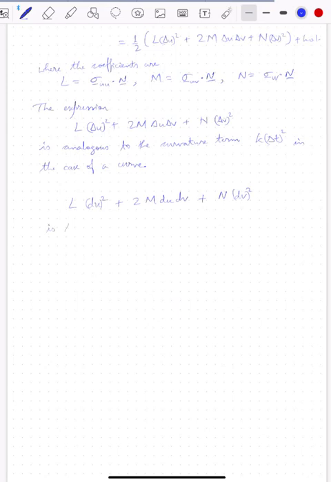This is the second fundamental form of a surface patch.